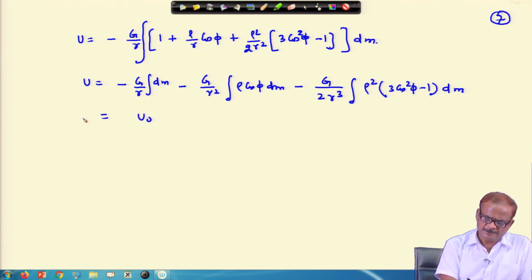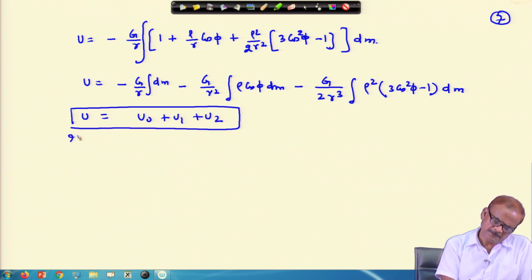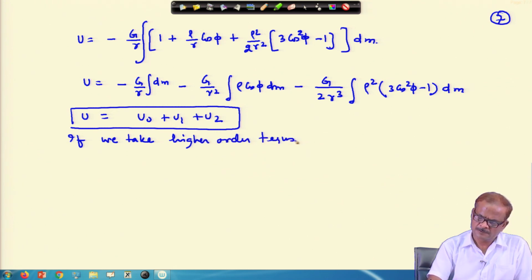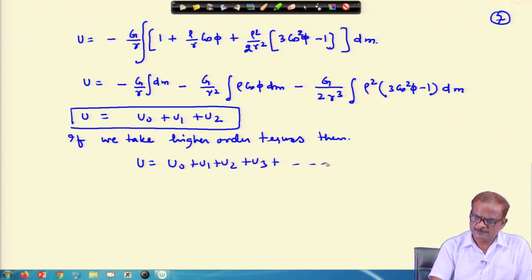This we can represent as u equal to u 0 plus u 1 plus u 2. So, if we take higher order terms, then u can be shown as u 0 plus u 1 plus u 2 plus u 3 and so on.